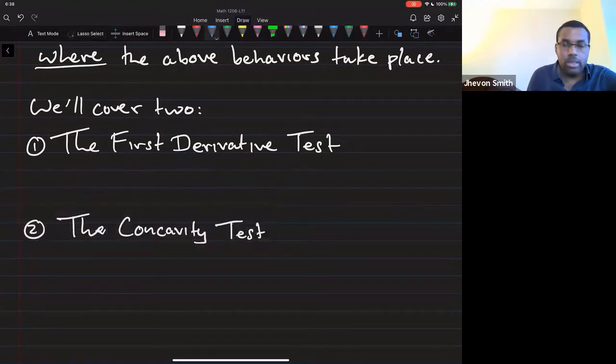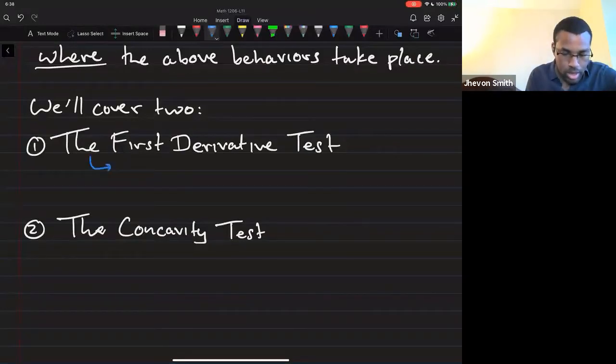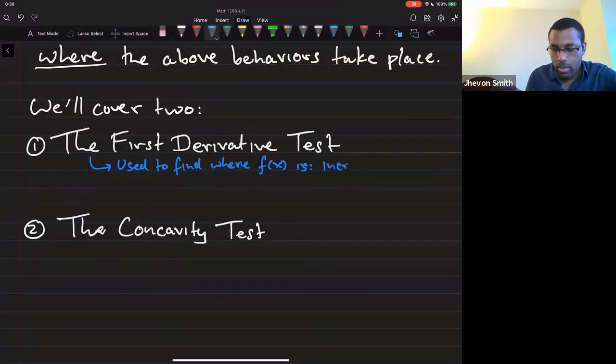So the first derivative test, as we mentioned earlier in class a couple of days ago, can identify when your function is increasing and decreasing. It turns out being able to do that, you can also identify some other things like maximums and minimums. We'll get back to that. For now, I think you have an intuitive interpretation of what that means. So this is used to find where our function is increasing or decreasing.